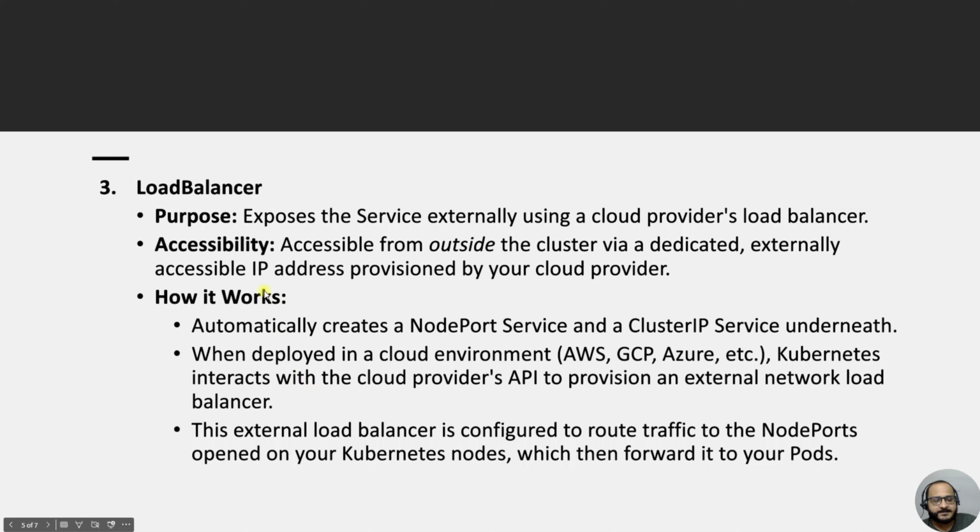Okay, so the purpose of the load balancer service is to externally access our applications without any port mapping. We are not going to map our worker node port, so we are not allowing traffic directly to a worker node port here.